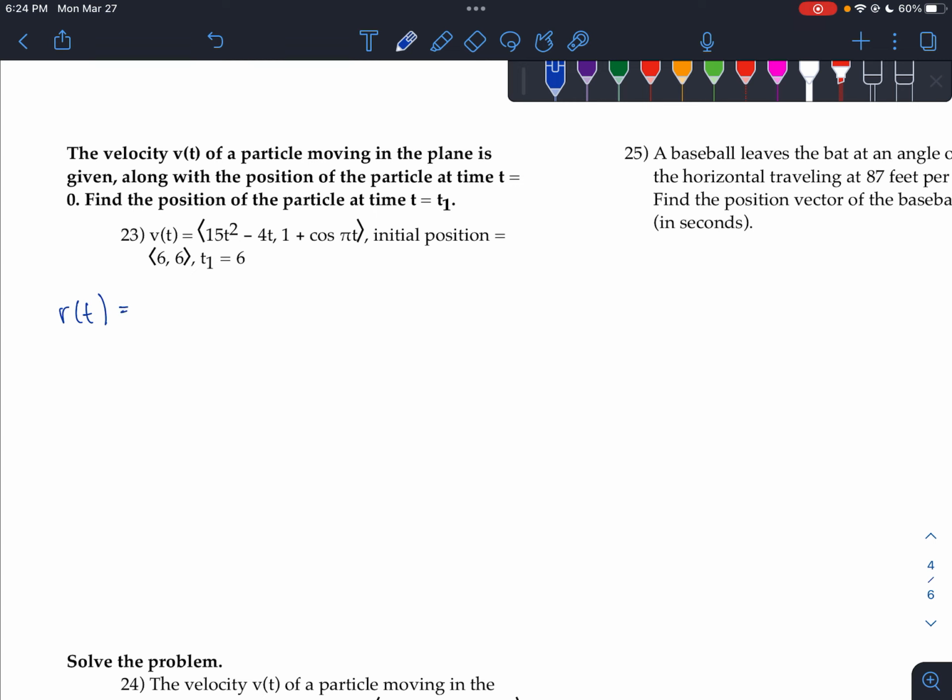First of all, you're going to have to find the integral from 0 to 6 of the x part, so that's going to be 15t squared minus 4t with respect to t, and then the y part, which is going to be the integral from 0 to 6 of 1 plus cosine pi t dt.